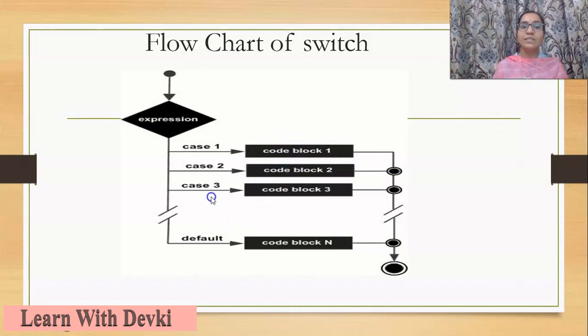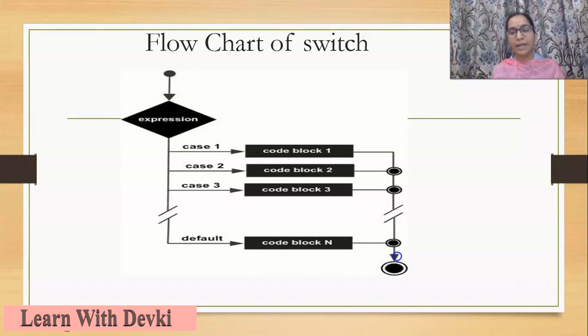If it doesn't match with this, case 3 will be checked for matching, and if matched, its code block will be executed and control will come out of the switch statement. So any one of the cases will be checked, matched, and the matching case will have a number of statements, that is the code block, which will be executed, and we will move out of the switch statement. If none of the cases is matched, default will be executed.